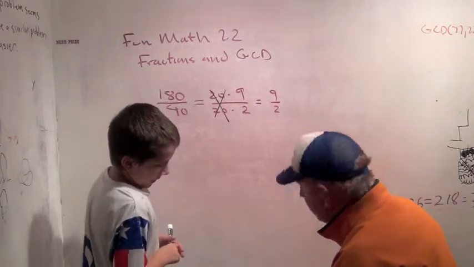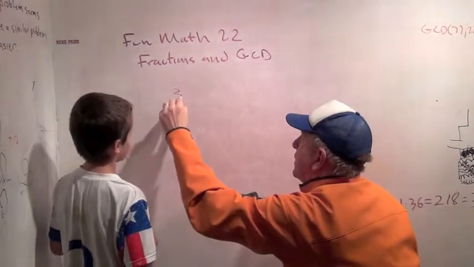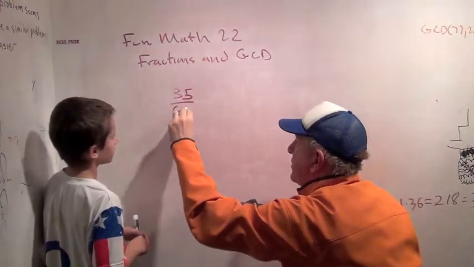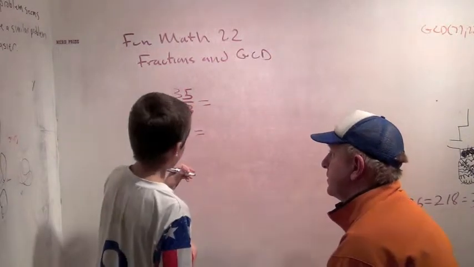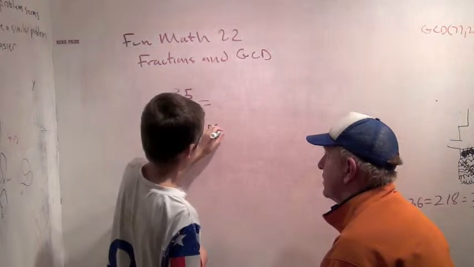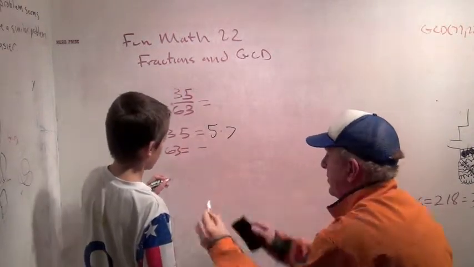How about this one? 35 over 63. So 35 factors into primes how? Well, it's 5 times 7. And 63 factors into primes how?